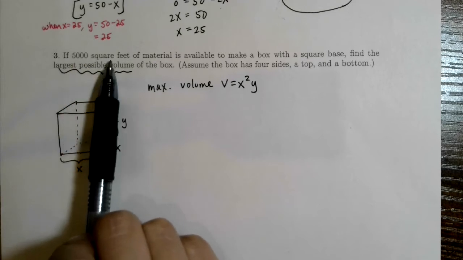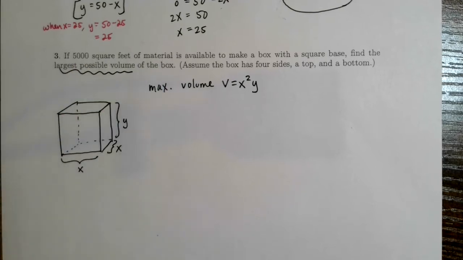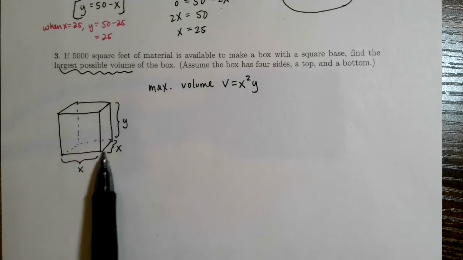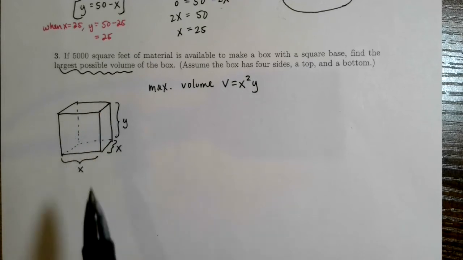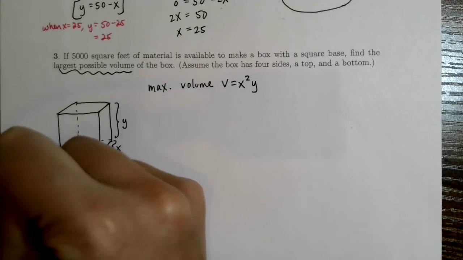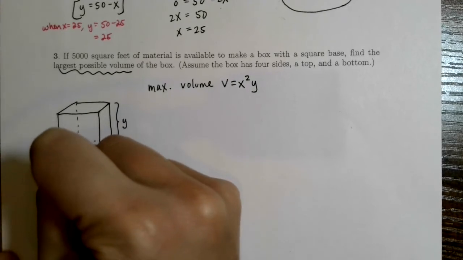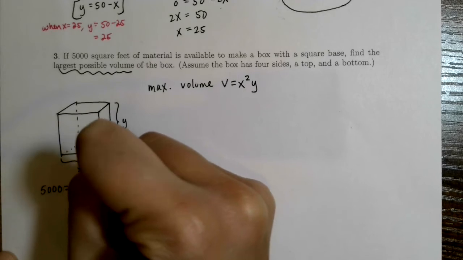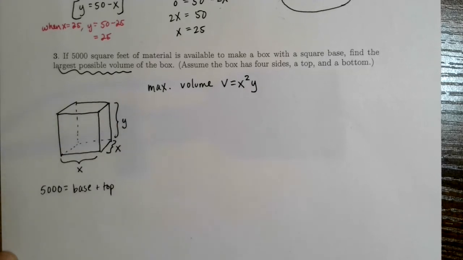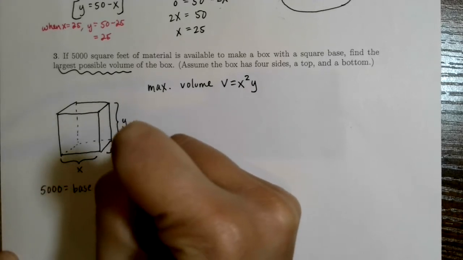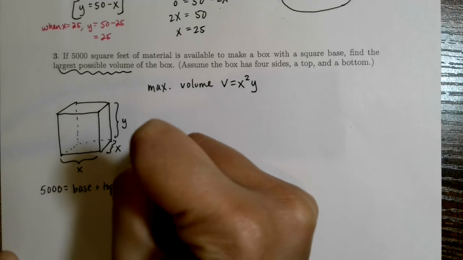So we have 5,000 square feet of material. Technically, that's surface area, but you don't need to remember a fancy surface area formula. We can just kind of add up the areas of all 6 sides here. So 5,000 is going to be the area of the base of the box plus the top. Those will be the same area. And then plus 4 times the area of a side.